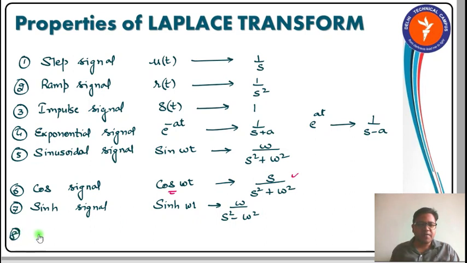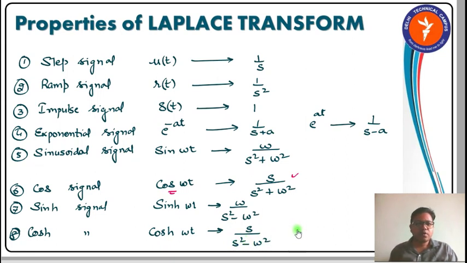And similarly, if I have cos hyperbolic omega t, then I will have s divided by s square minus omega square. So let us remember these formulas, the Laplace transform of various signals, and let us now perform some numericals based on it.